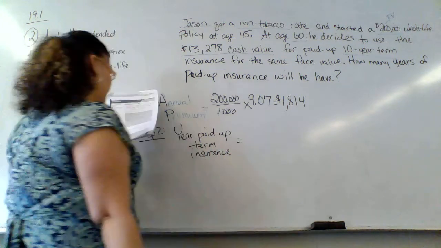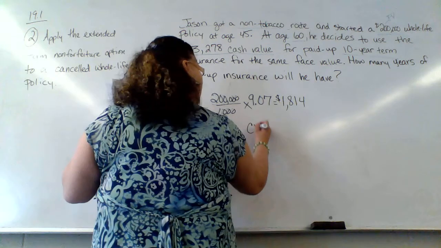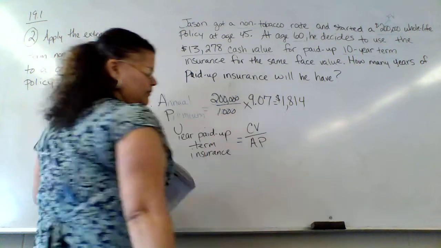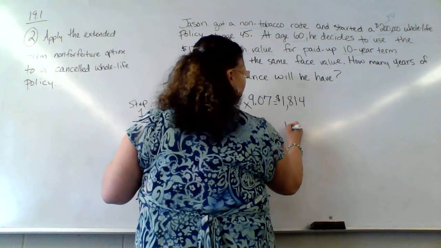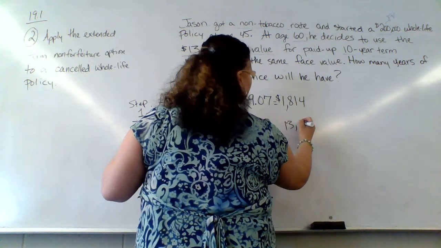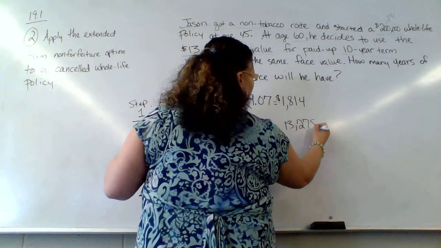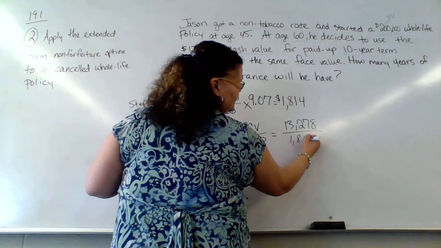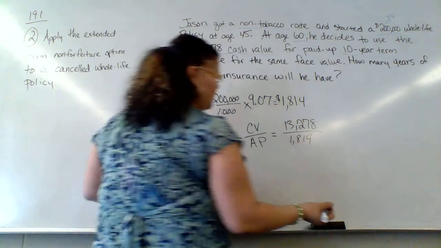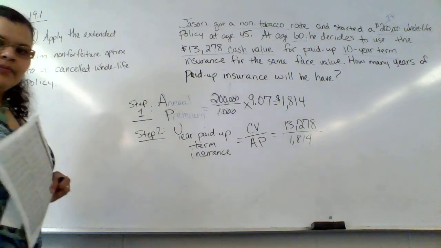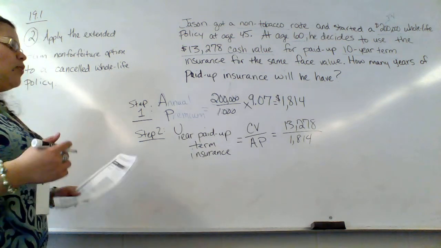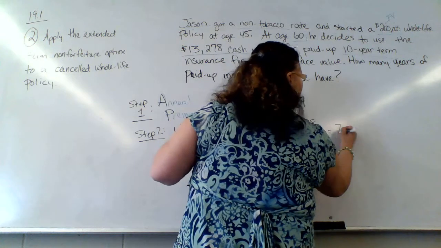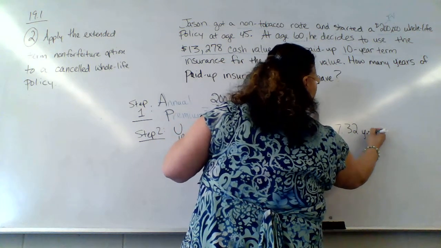And the way you calculate that is you take the cash value and you divide that by the annual premium. And your cash value is $13,278, and you're dividing that by your annual premium of $1,814. Okay? And then once you do that, you'll end up with 7.32 years.